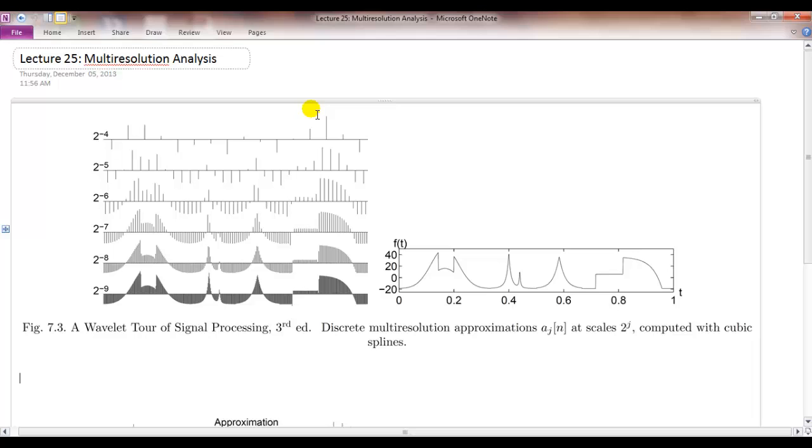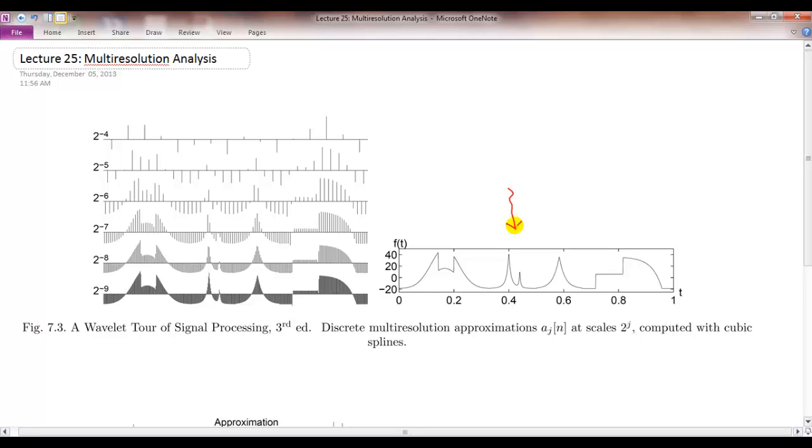Okay, so this is an example where your x of t or f of t, here called f of t, is your function. And what you are doing is computing the approximation coefficients a_jn at scale 2 to the j.